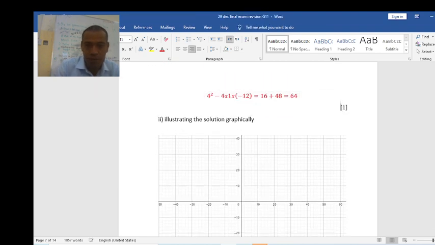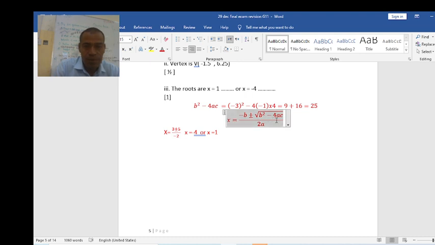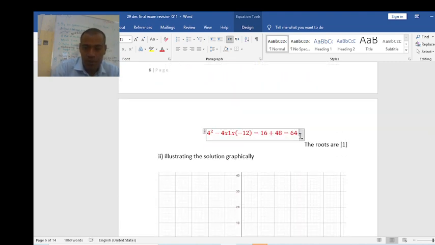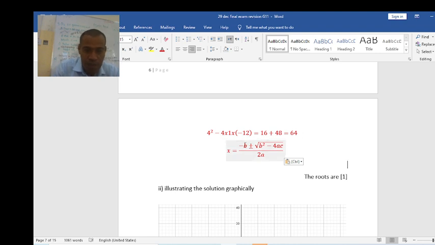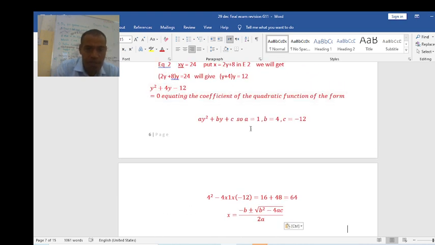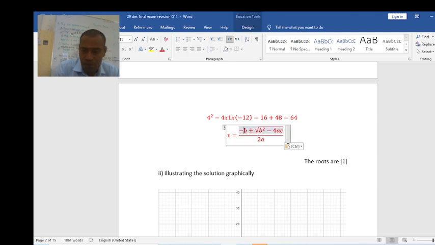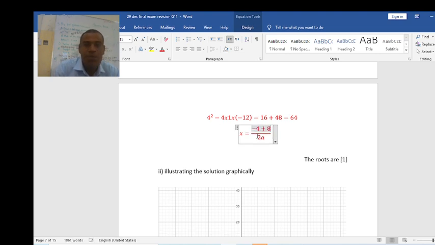So the roots of my quadratic equation are: y equals minus b, where b is 4 and c is minus 12, so it will be minus 4 plus or minus the square root of 64, which is 8, divided by 2 times 1, which is 2.